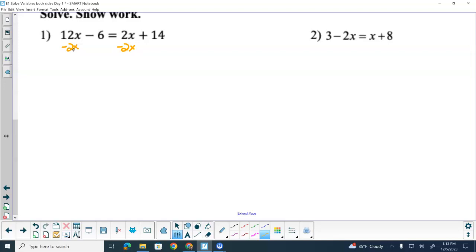Same thing as before. Now 2x minus 2x makes that go away. If you've got 12 pencils and we take 2 of them away, we've got 10 pencils left over. And then you still have minus 6. And now all you got over there is 14.